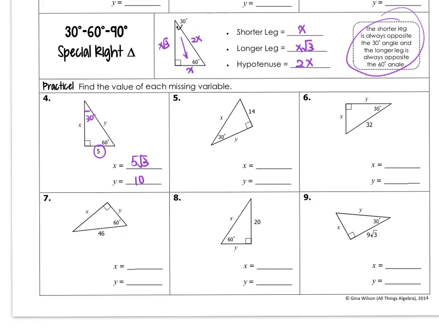Let's look at number 8. I have the longer leg at 20. The shorter leg is y, and the hypotenuse is x. We know the shorter leg, which is y, multiplied by root 3 gives me 20. So y equals 20 over root 3.